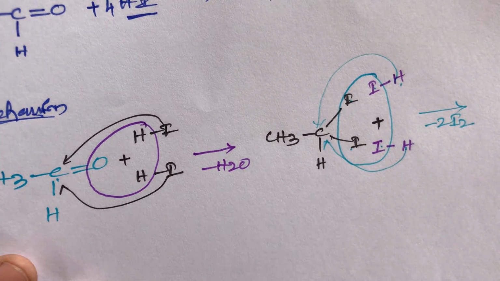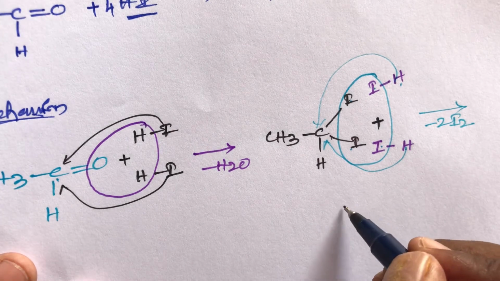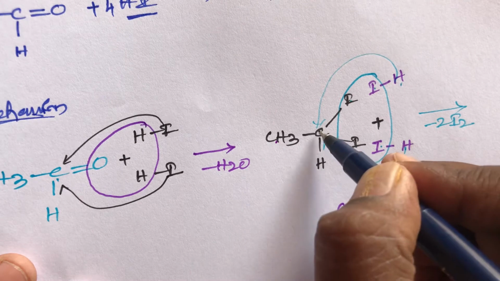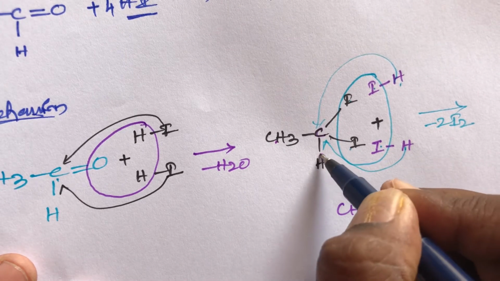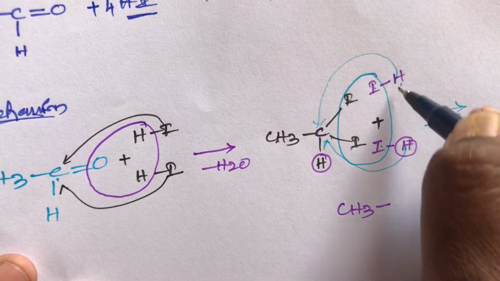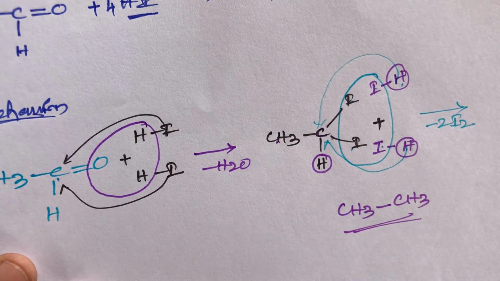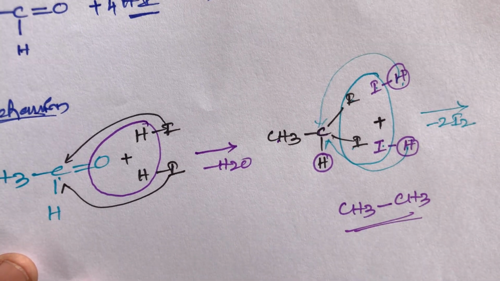So the final product is CH3, this carbon already has one hydrogen, one from here, one from here, total 3 hydrogens. This is the mechanism of aldehyde reduction with HI in the presence of red phosphorus.